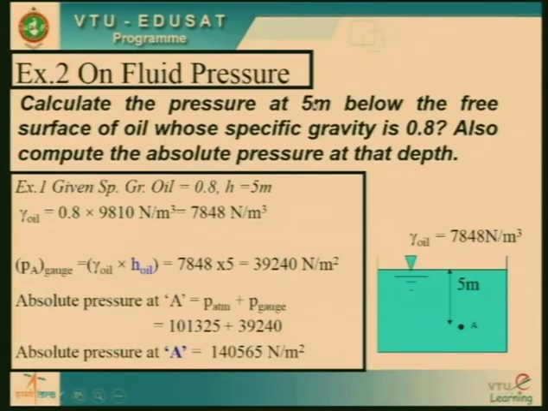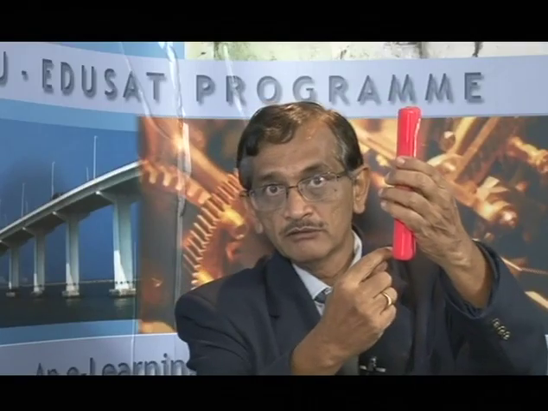Calculate the pressure at 5 meter below the free surface of oil, whose specific gravity is 0.8. Also compute the absolute pressure at that depth. Very interesting question. In this question, he is going one step beyond. The concept is the same. There is an oil tank filled up to 5 meter.